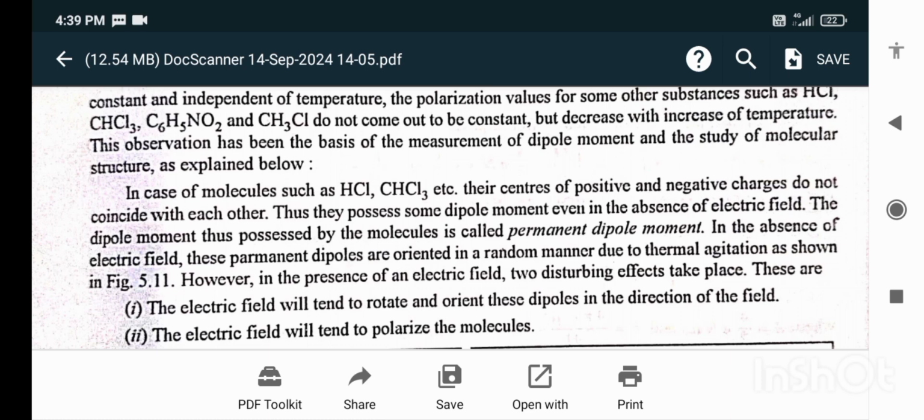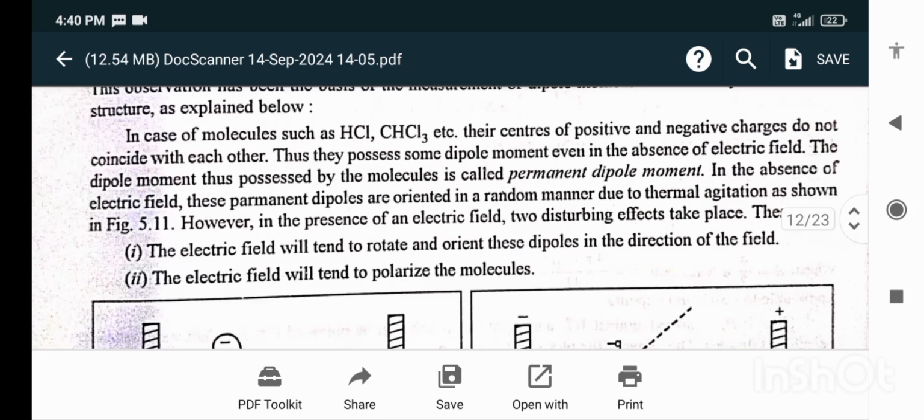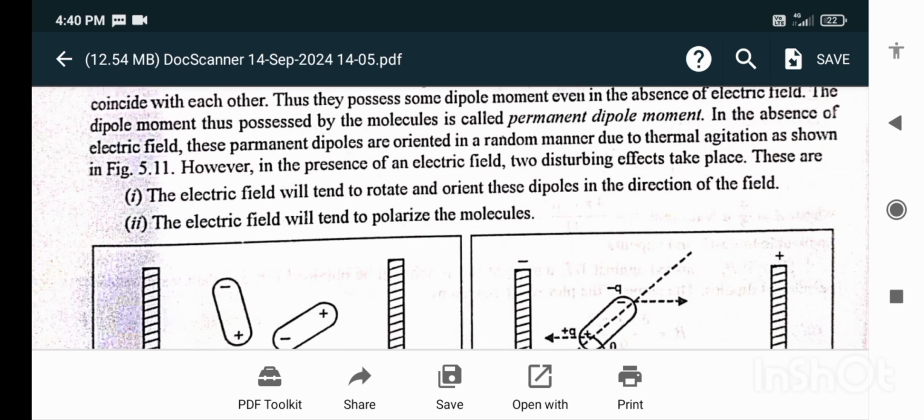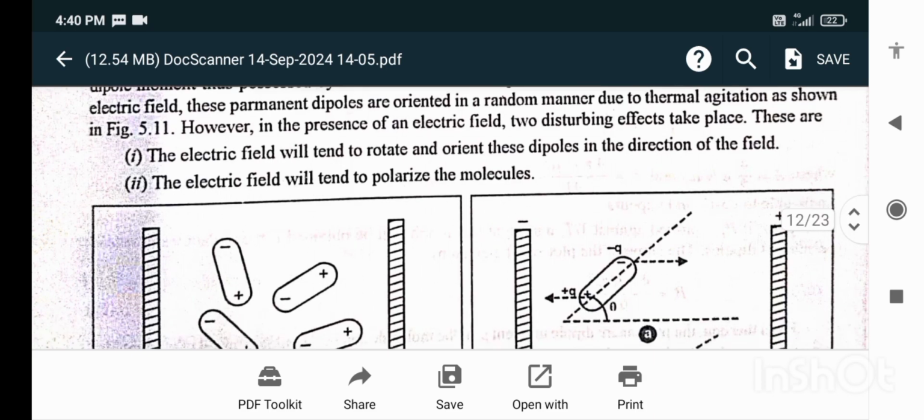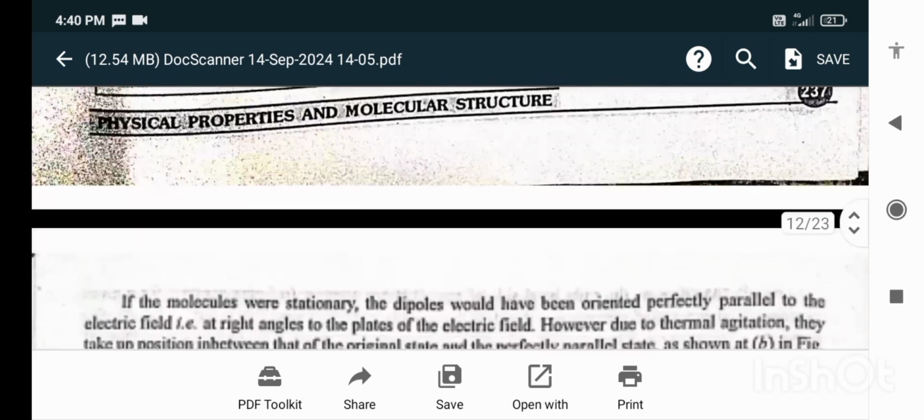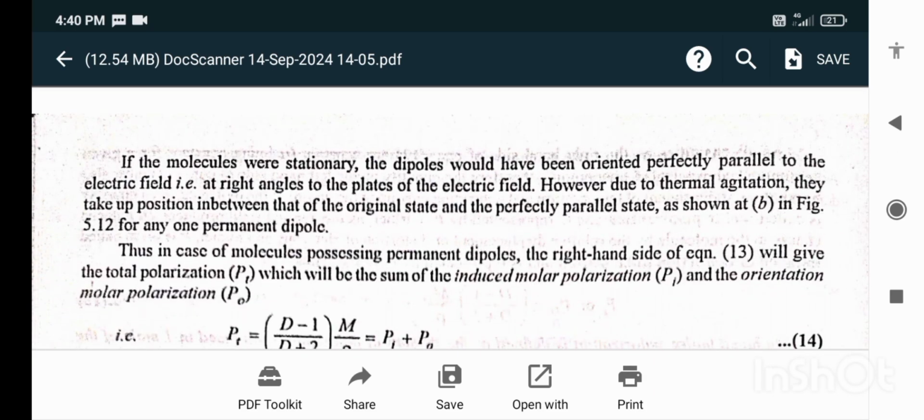However, in the presence of an electric field, two disturbing effects take place. The electric field will tend to rotate and orient these dipoles in the direction of the field. The electric field will also tend to polarize the molecules. If the molecules were stationary, the dipoles would have been oriented perfectly parallel to the electric field, that is, at right angles to the plates of the electric field.